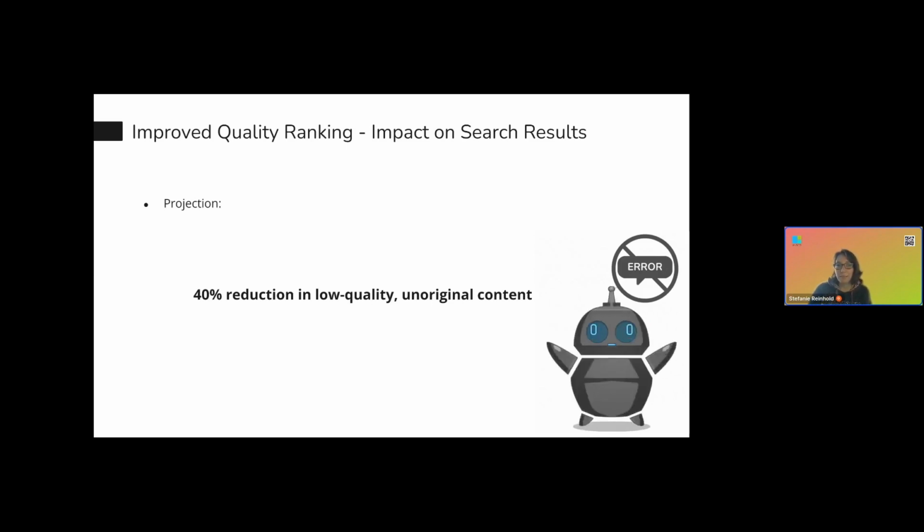And the projection so far is that there will be around a 40% reduction in low quality, unoriginal content appearing in the search results. Spoiler, there were already pages hit that don't understand it because they didn't even have any AI generated content. Why those were hit? Again, a bit further down in the summary. Right. So that's the projection.